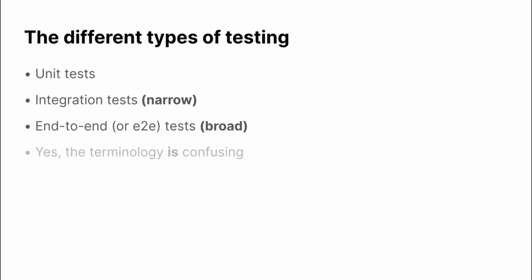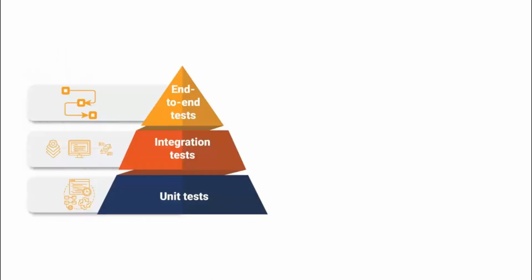The main thing here is that while a broader test tries to touch on more stuff at once, because of that, it's more expensive in more than one way. It's slower to write, but also slower to run, so they become more expensive. And a result of this is this classic testing pyramid.